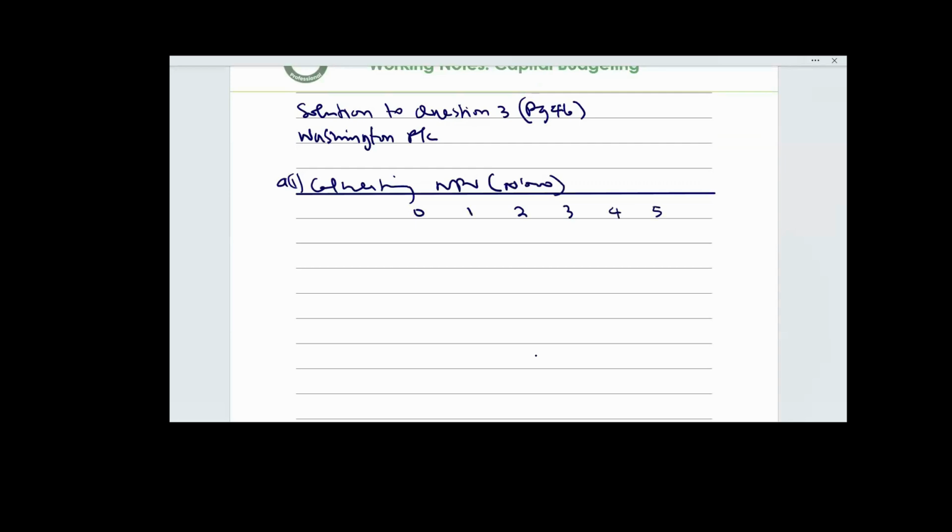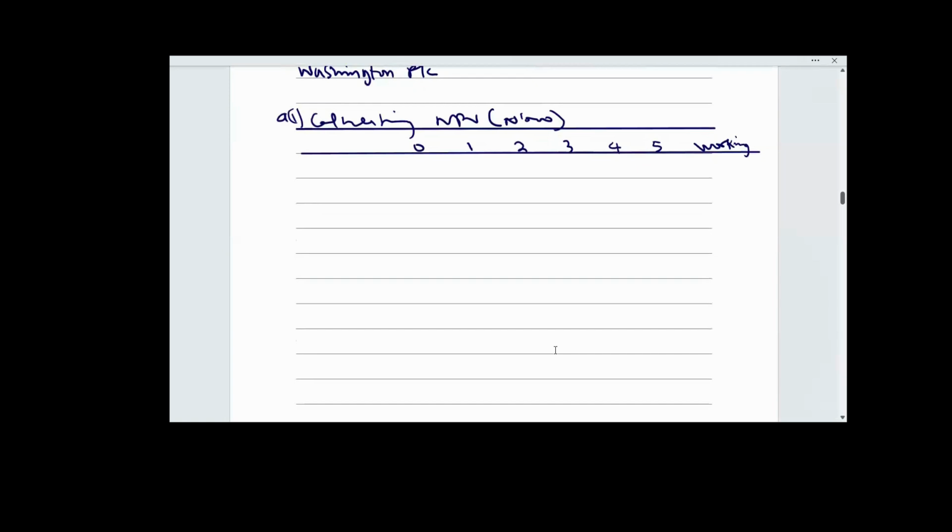Lastly, I need to create a column for working, if you want to. Otherwise, you can just put it by the side. So in the format I gave to you, the first item is your sales value. There's no need for you to be reading all over again.